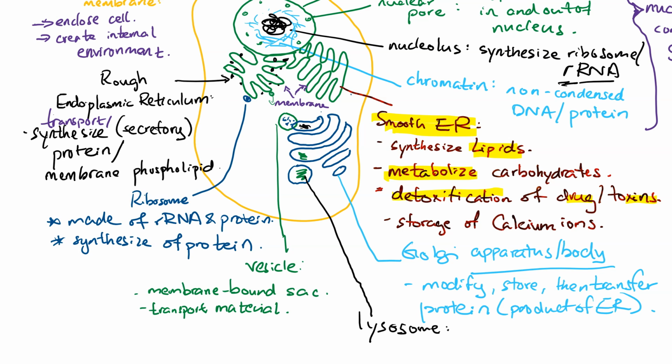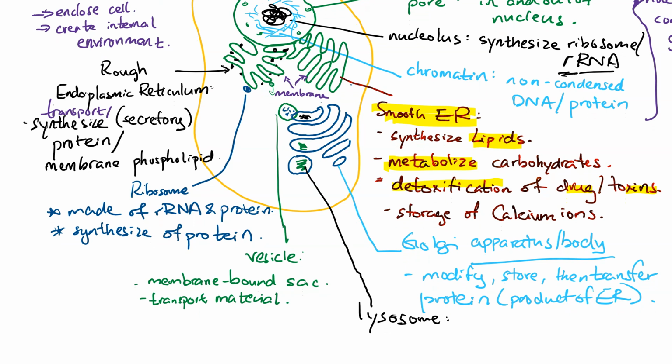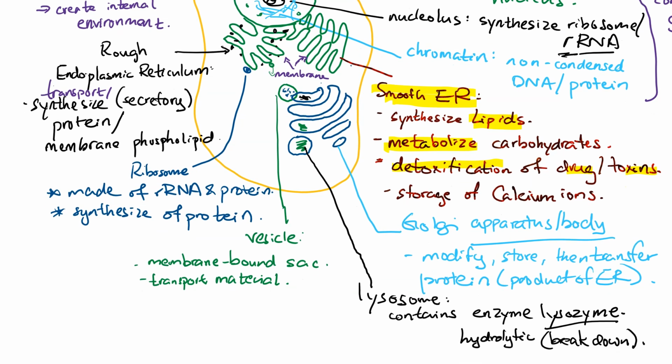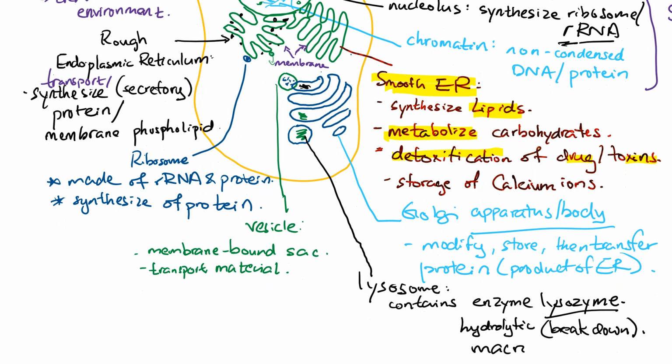So it contains the enzyme lysozyme. Okay, and this lysozyme is hydrolytic. It means it can be used to break down through the process of hydrolysis. Break down what then? Break down macromolecules.